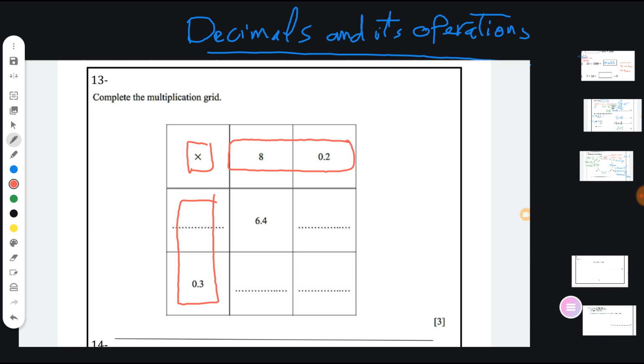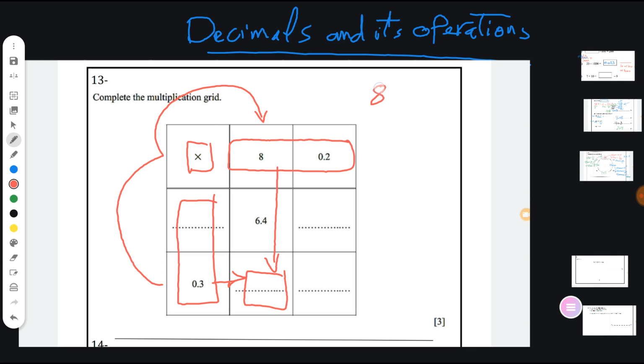So we will start from any known row or column. 0.3 multiplied by 8. They will meet together where? Here. So the answer is supposed to be here. This is how to use the multiplicative grid. As I told you, to make it easy to multiply a decimal with a number, write it as a fraction.